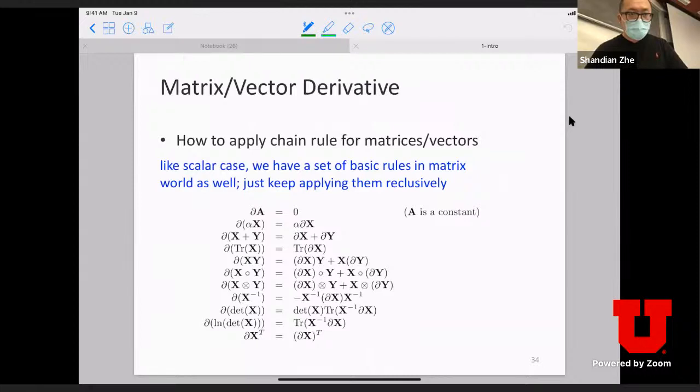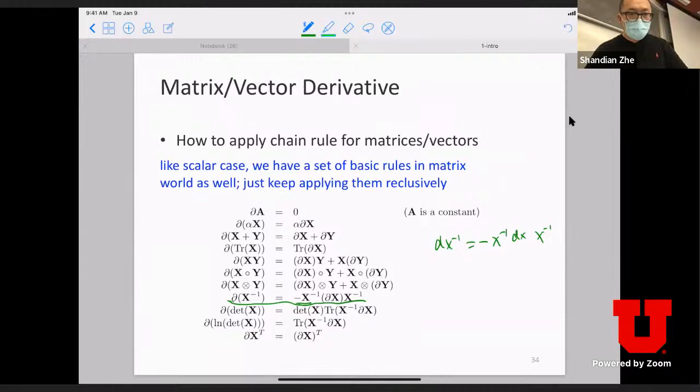So going back to the example I just mentioned, how do you compute d(x inverse)? This tells you it is minus x inverse dx x inverse.